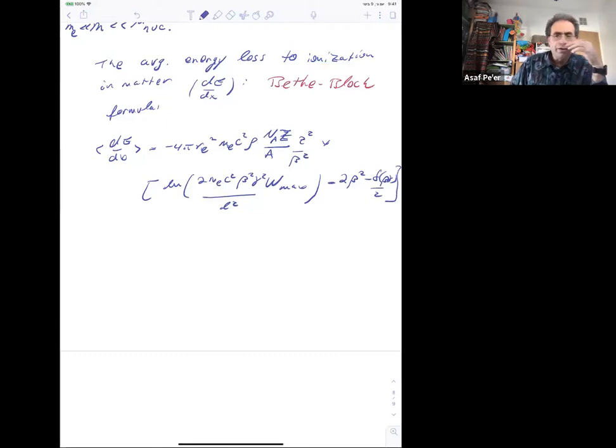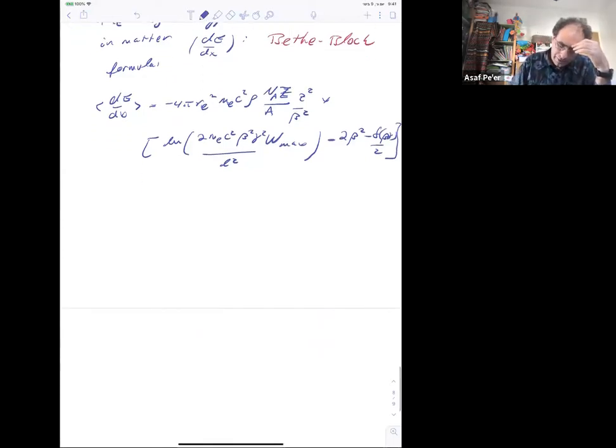Let me tell you what each thing means here. r_e is the classical electron radius.